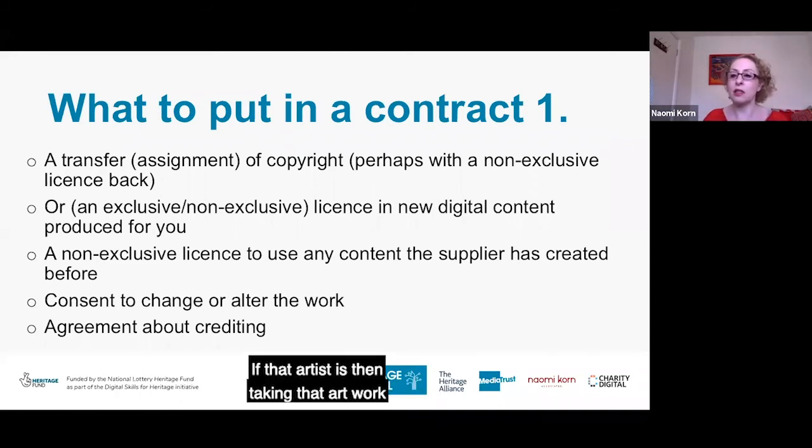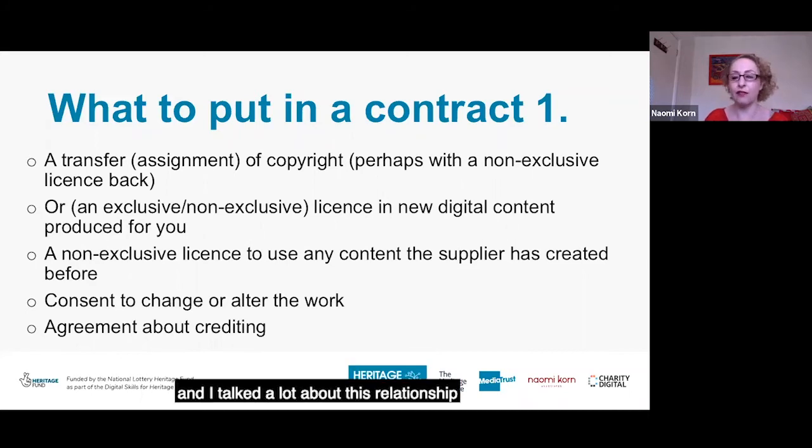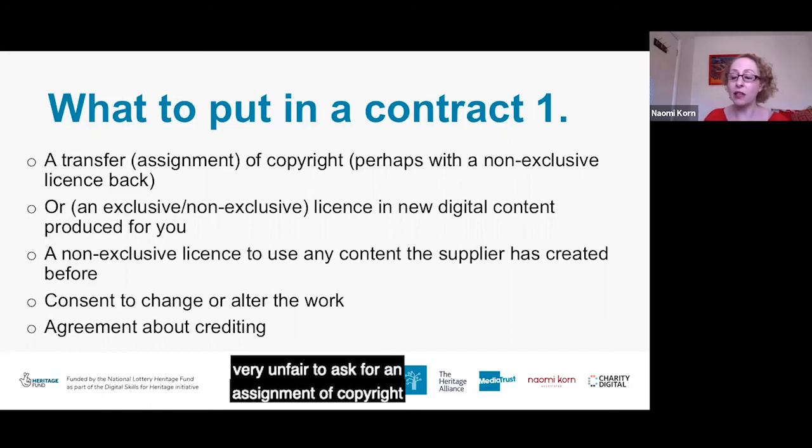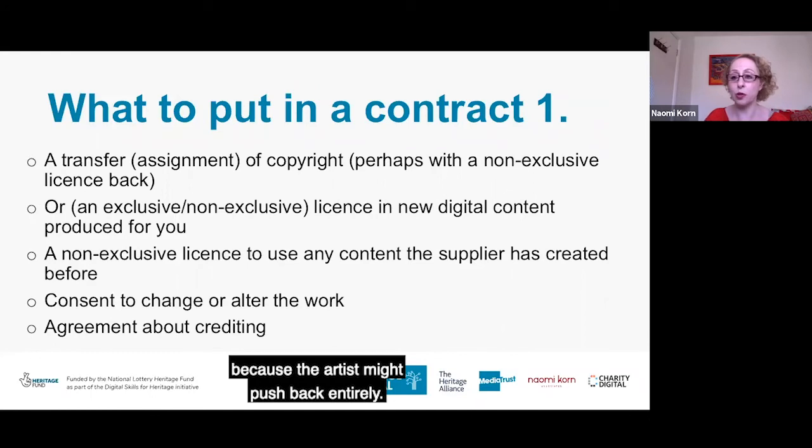If that artist is then taking that artwork that's been commissioned back, it feels to me very unfair. So you can see here, and I've talked a lot about this relationship between copyright and ethics, very unfair to ask for an assignment of copyright, and indeed more than that may be a reason, as the case study demonstrated, that the commission may not go ahead because the artist might push back entirely.